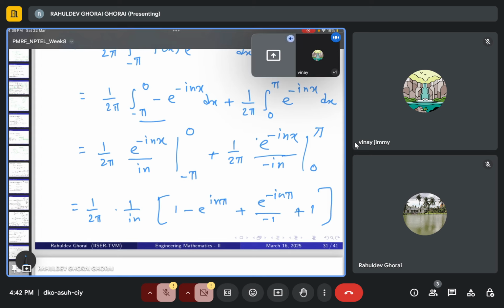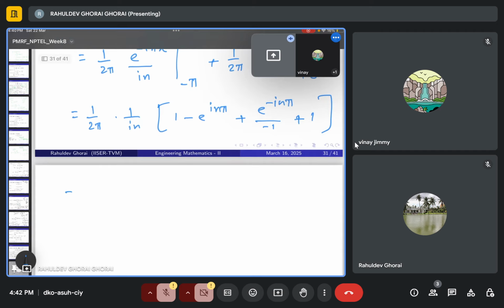Hopefully I am correct. Correct, right? So whatever I did is correct. Then 1 over 2 i n pi, I just write, times 2 minus e to the power i n pi minus e to the power minus i n pi.